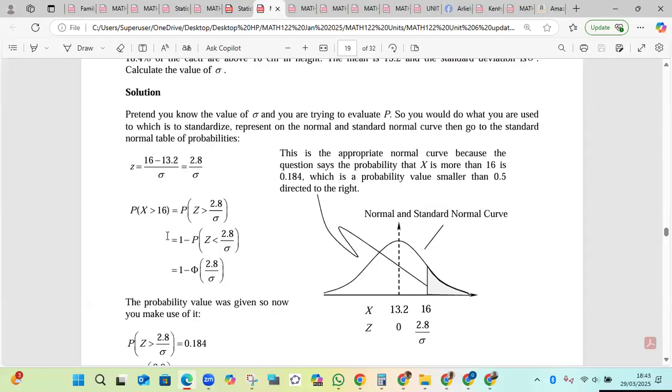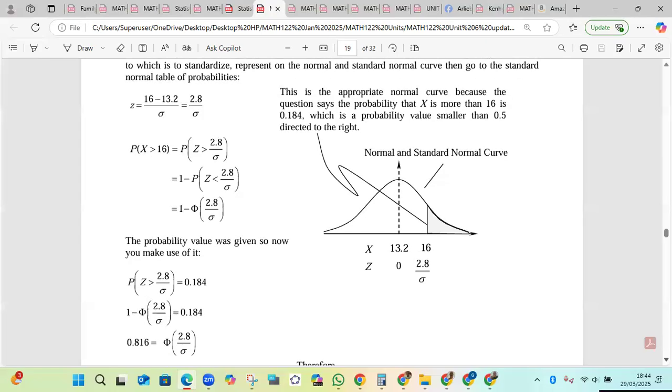Okay, here's the algorithm. P of x more than 16 is equal to P of z more than 2.8 over sigma. It is 1 minus, because of the tail you must have 1 minus phi of 2.8 over sigma.